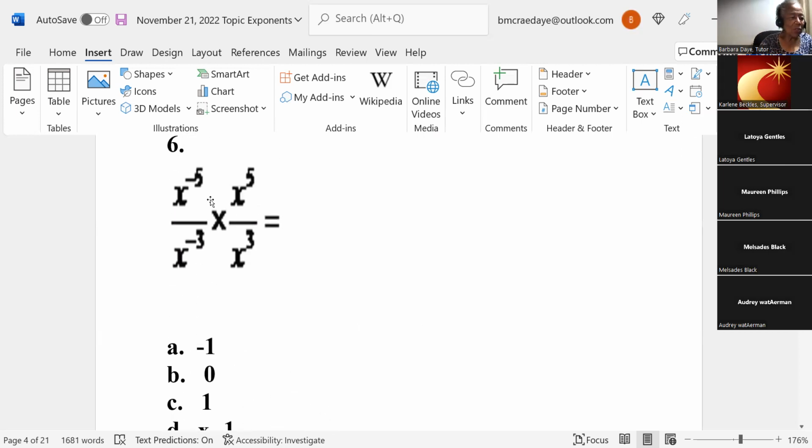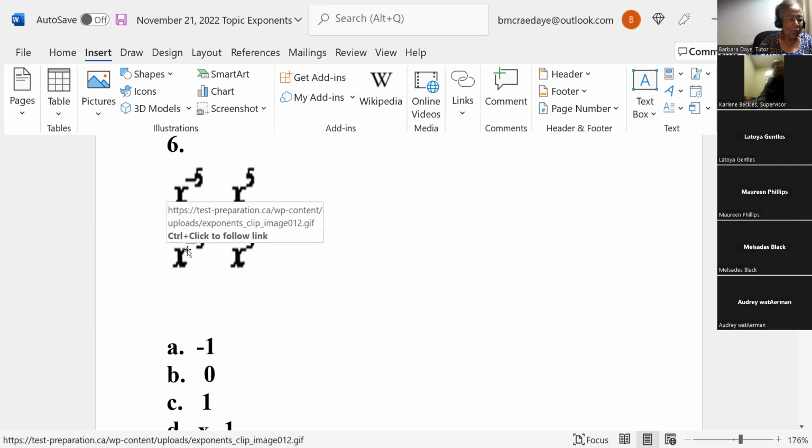Mercedes, you understand now this is two divisions, and then the results you multiply. There's a division, x to the -5 divided by x to the -3. We did that one, and then we did x to the 5th power divided by x to the 3rd.